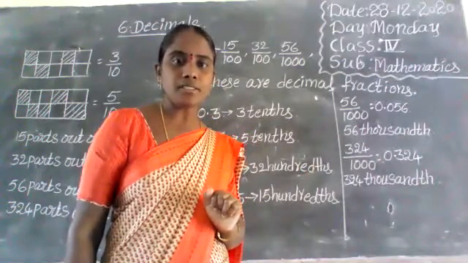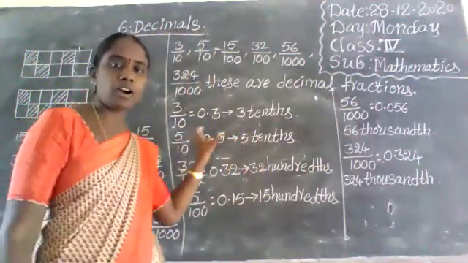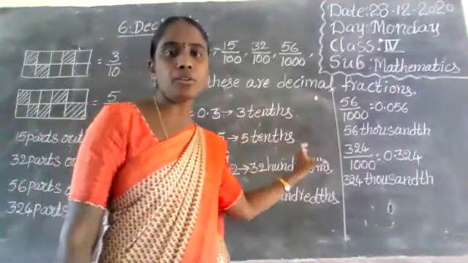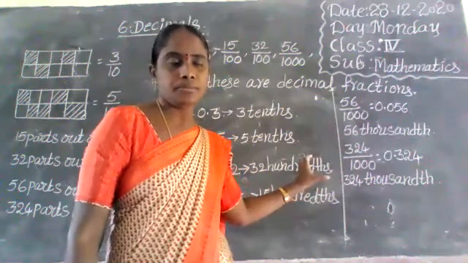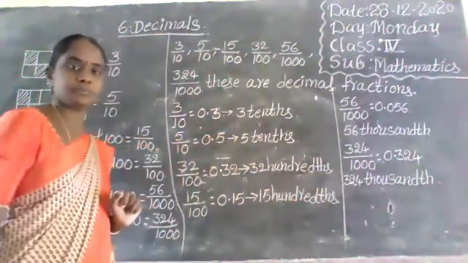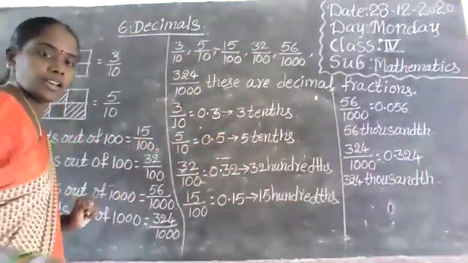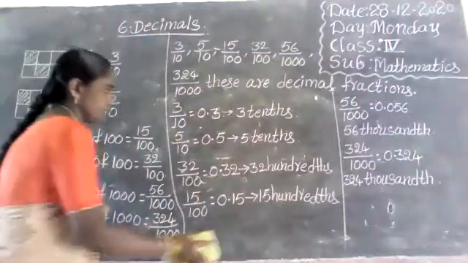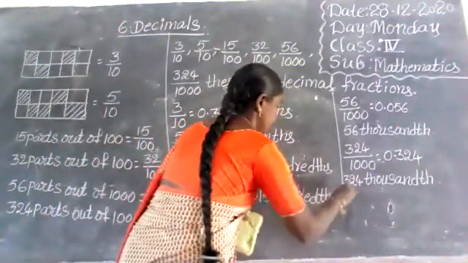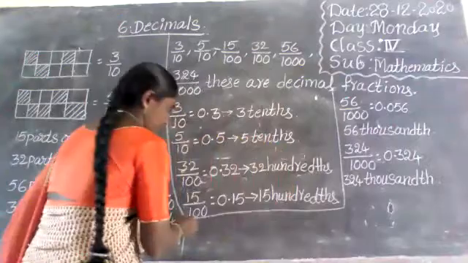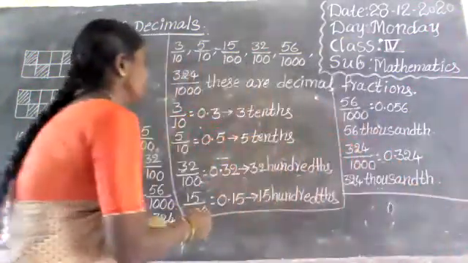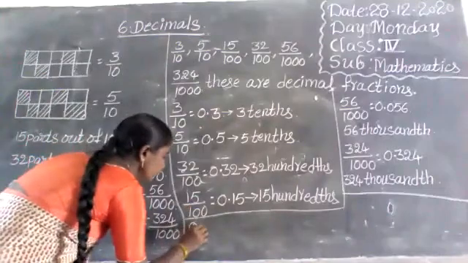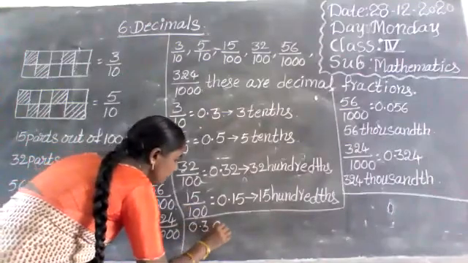Did you understand first how to write fraction form, how to write decimal fraction form, and how to write in decimal form? Okay, first write down this one. Next here, 0.3 and 0.5.